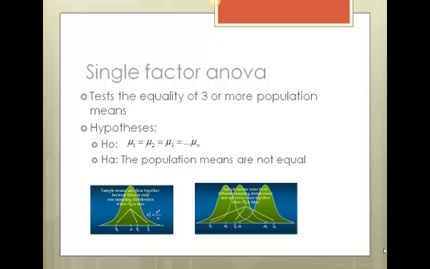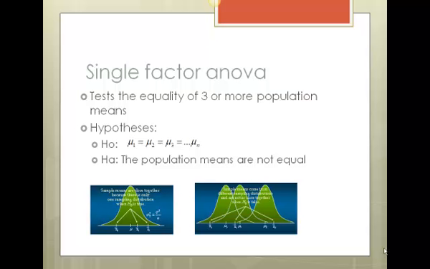Now, if we had more than 3, we would just continue on. So you see the general H0 would be that the means are all equal. In this case, it's mean of wax 1 equals mean of wax 2 equals mean of wax 3. So the average amount of time for each wax should be equal.